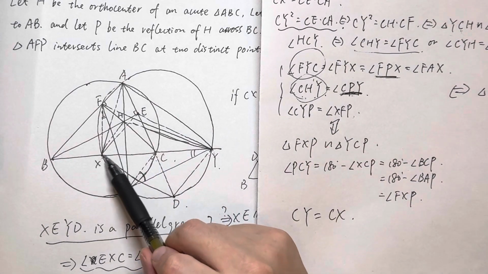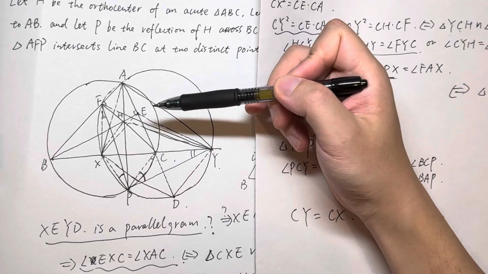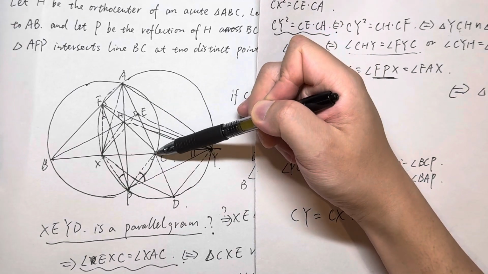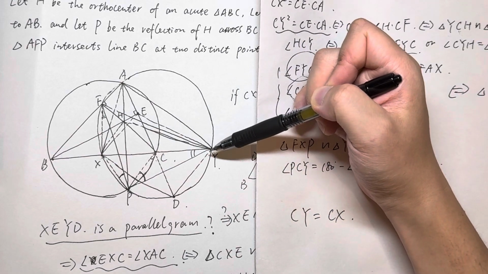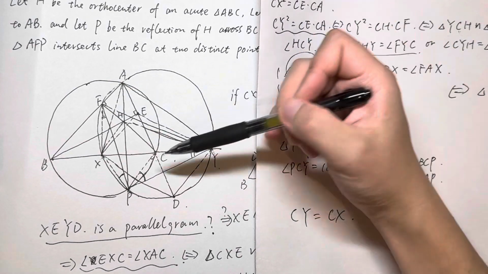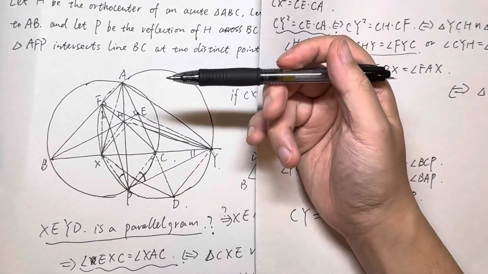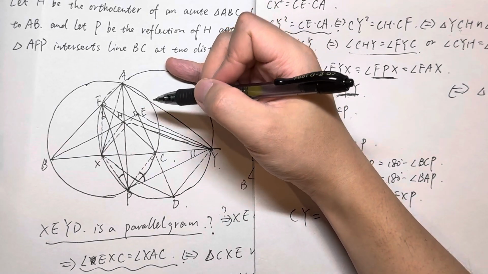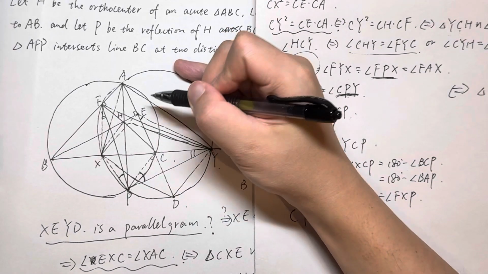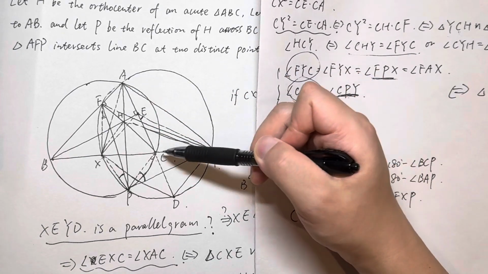We just proved that XC equals CY, right? It's actually related. Because we just proved that triangle CEY is similar to triangle CYA, right? So that means the angle CEY equals angle AYC.